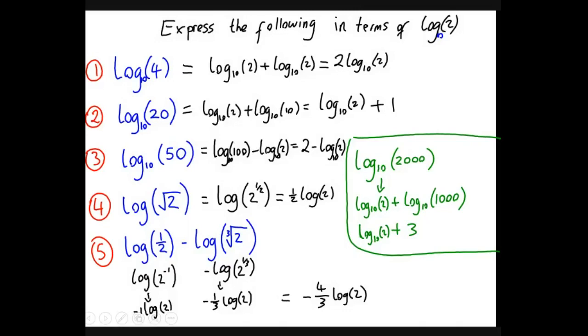Cool. So we've already established that log of, say, a means log to the base 10 of a. But there are other types of functions, and there's a special one which we call ln.